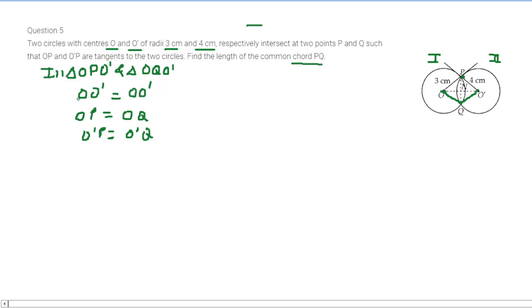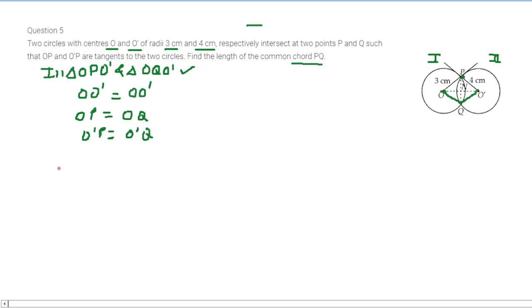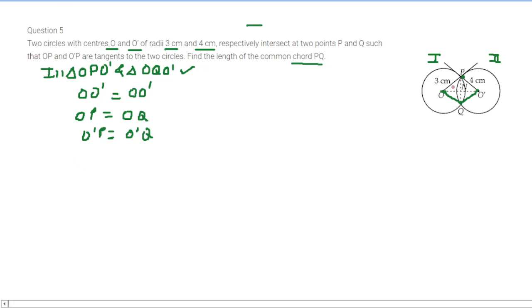So by SSS congruency, these two triangles are congruent, and by CPCT, angle O dash OP will be equal to angle O dash OQ. These two angles are equal.